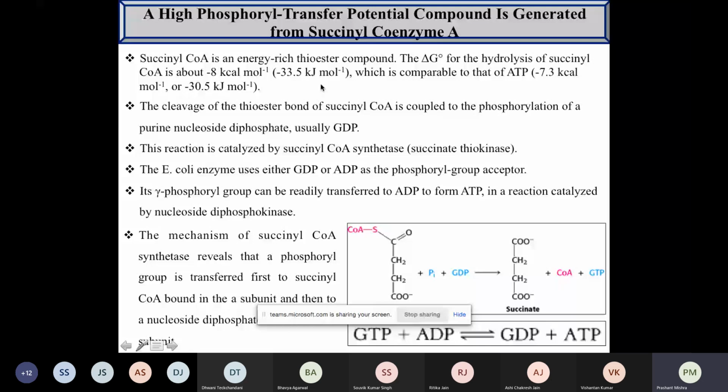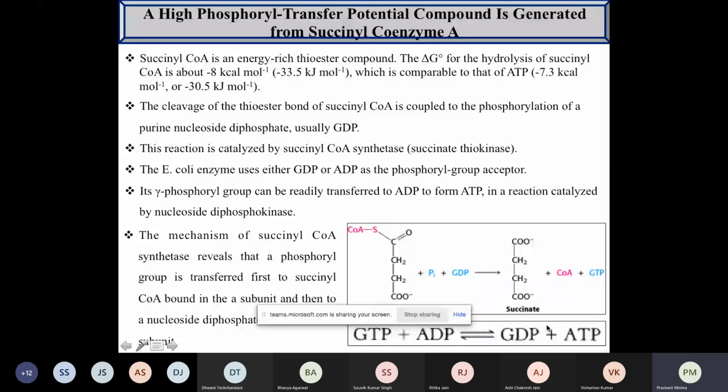It will trap the energy and phosphorylate GDP into GTP. This reaction is considered equivalent to the synthesis of ATP because, in the presence of GTP, if there is ADP in the cell, it can be phosphorylated. So this reaction is responsible for synthesis of ATP.